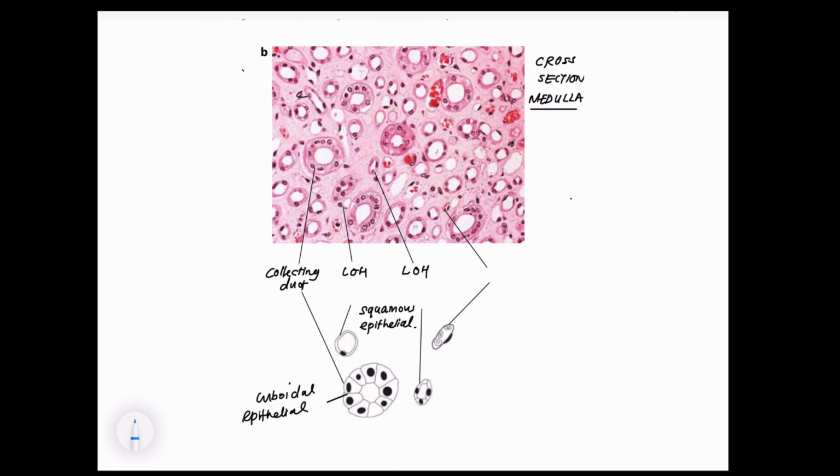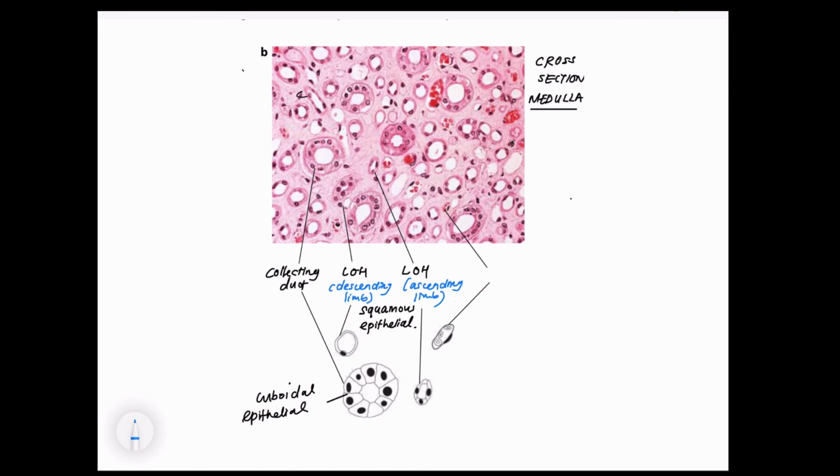As we know, the descending limb has a thinner wall and the ascending limb will have a thicker wall and is impermeable to water. Sometimes we might not be able to distinguish, but at least you can tell that if it's squamous in shape, it's actually a loop of Henle cell.